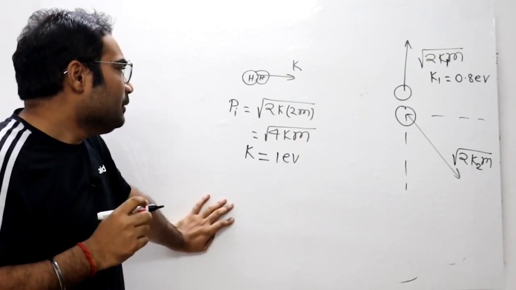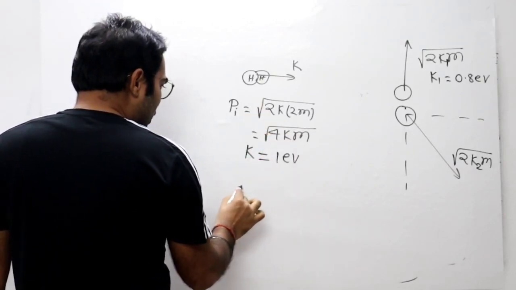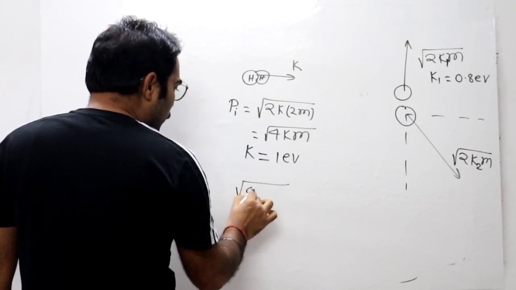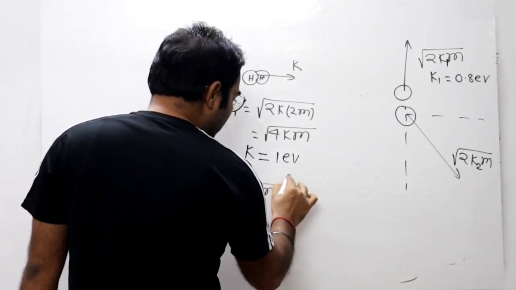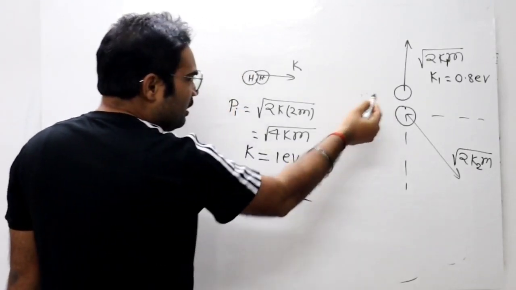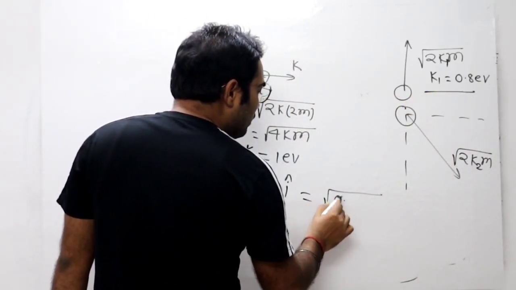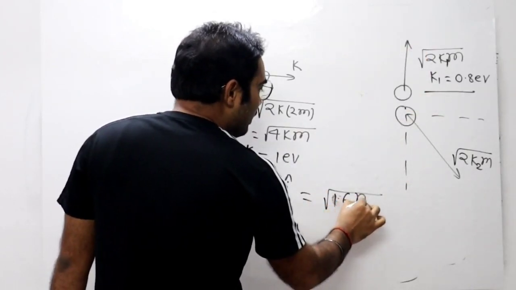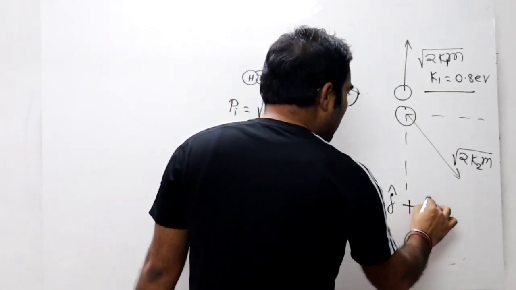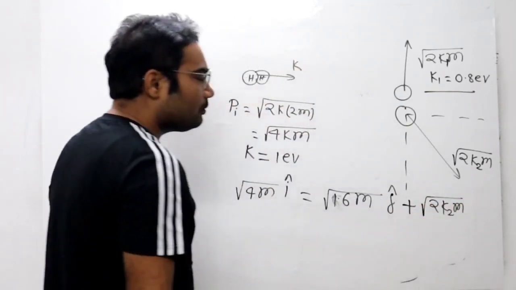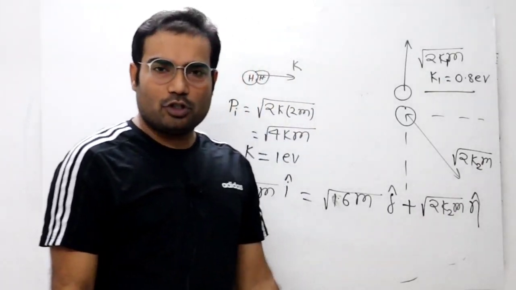The initial momentum of this system is root under 4Km, moving in the positive x direction, and that is equal to the final linear momentum: for this hydrogen, root under 2 times 0.8, that is 1.6m, in the j direction, plus root under 2K2m with some unit vector in the direction of motion of the second part.